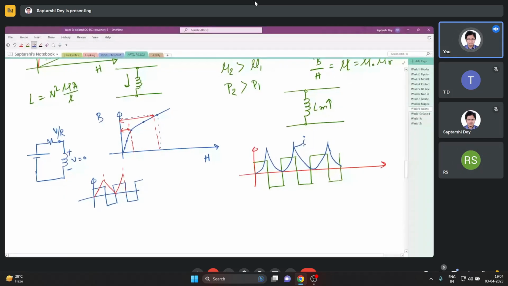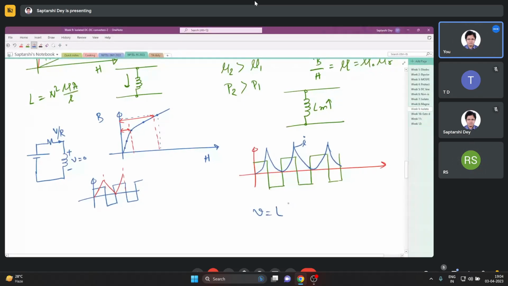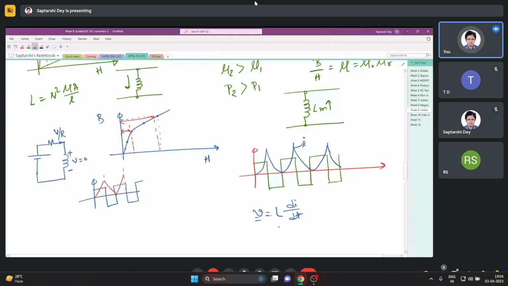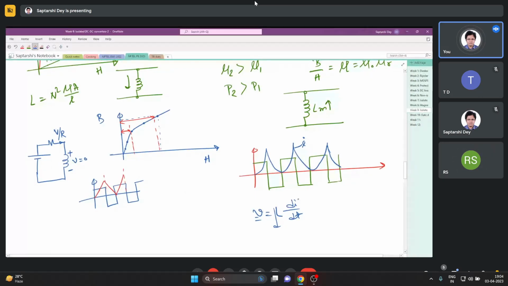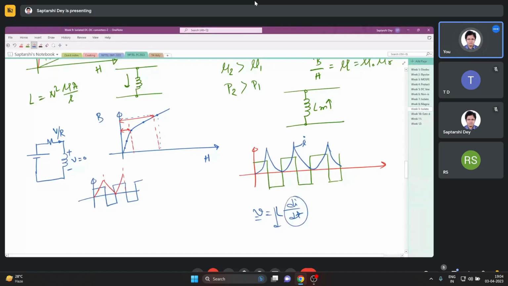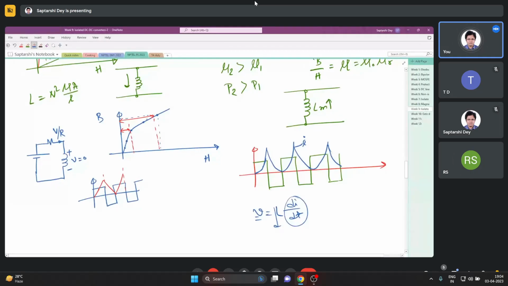Now why is the current like this? The current is like this because V is L di dt, right? V is constant. L reduces as current keeps increasing. So if V is constant and L is reducing, di dt must increase. The slope of current increases. The current rises faster, and the faster the current rises, the more it goes into saturation.